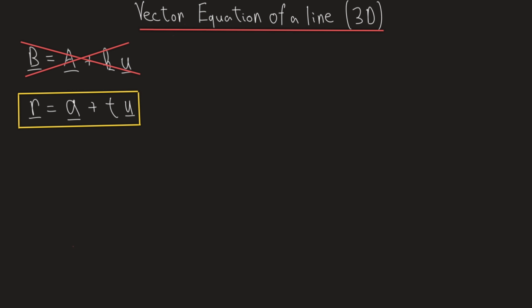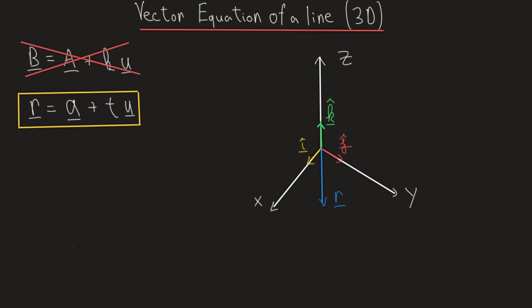The only key difference between the vector equation of a line in 3D compared to 2 dimensions is that position vectors, instead of having 2 coordinates, have 3 coordinates. What I mean by this is, since we're not working on a plane but in 3D space, when we have a position vector r, which I will draw right here, we need to decompose it into the x, y, z axes using the unit vectors i hat, j hat, and k hat.